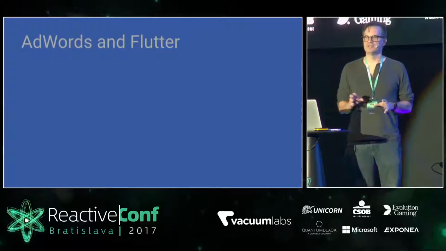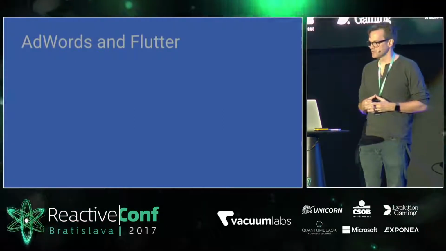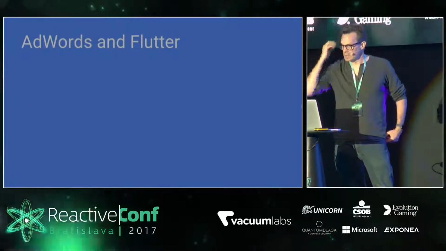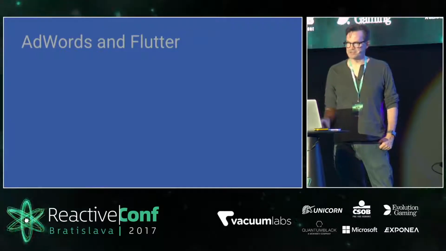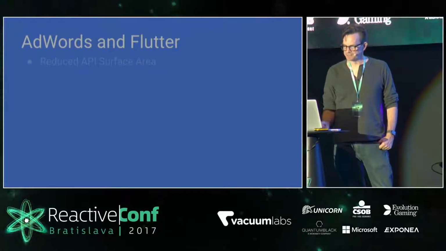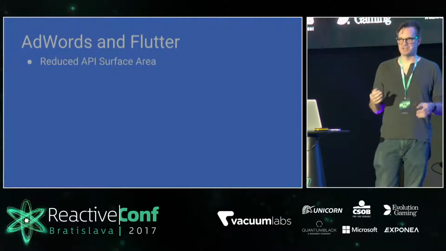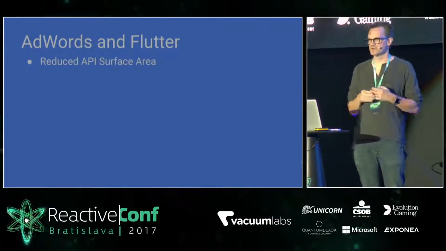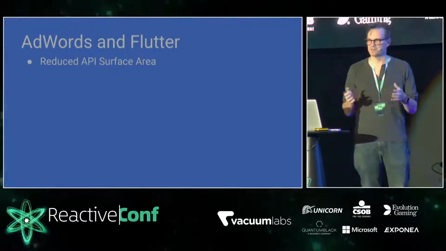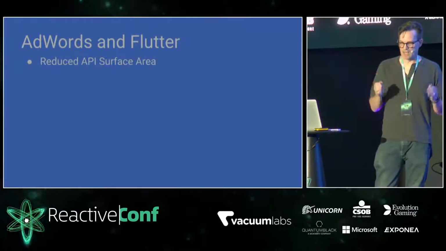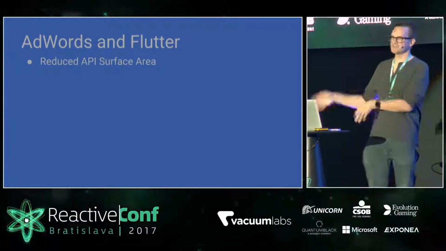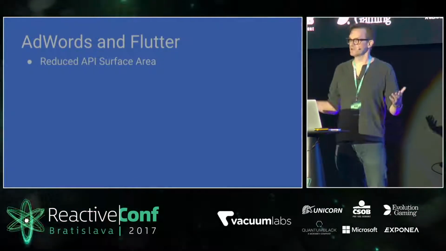Flutter wasn't even officially in alpha release when we started prototyping with it. It is now. But we were particularly interested in it for a few reasons. One is we wanted a reduced API surface. Our team is actually a fairly small team for a mainstream Google consumer-facing application. Half of it was doing iOS, and half the team was doing Android development.